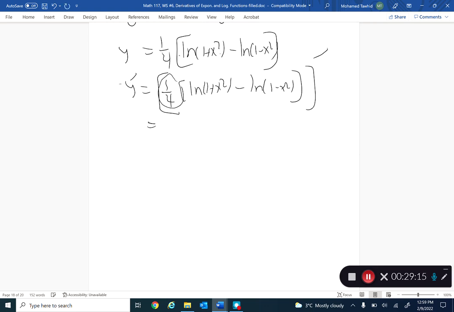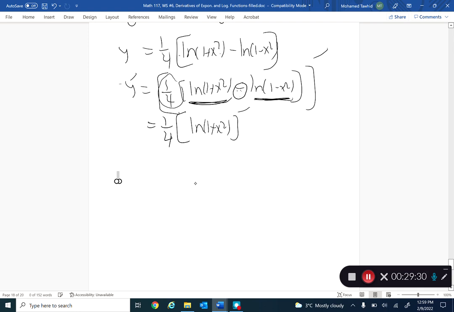So what you have inside, you have two terms, one term here and another term here, with minus between them. If you have plus or minus in the middle, then you take the derivative term by term. So the derivative of ln(1 plus x squared) minus the derivative of ln(1 minus x squared), first term minus second term, because I'm in the middle minus.